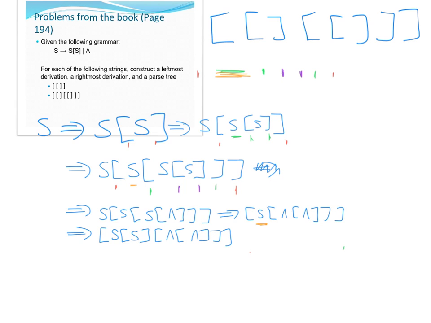So we're doing rightmost derivation. So now we need to reduce that one. So we will do bracket S, bracket, lambda, bracket, and then we've got the bracket, lambda, 1, 2, 3. And in a rightmost derivation, we only have one non-terminal left.